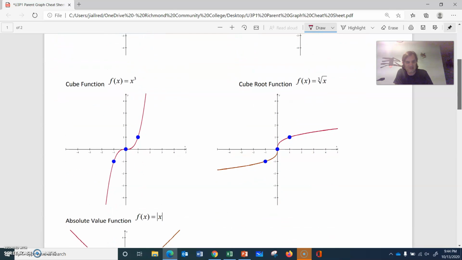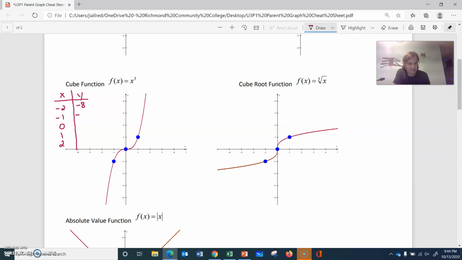The next two here are the cube function, f of x equals x cubed. I can't plot all these points on the graph that I have because I didn't leave myself enough room. But I could plug in the same thing as -2, -1, 0, 1, and 2. And if I cube -2, I get -8, which would be down below my graph.